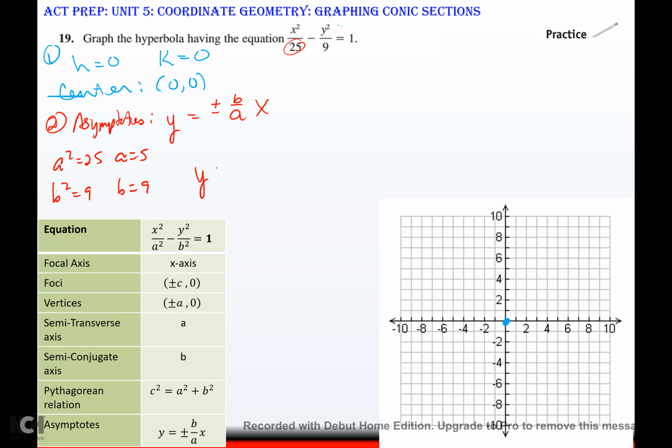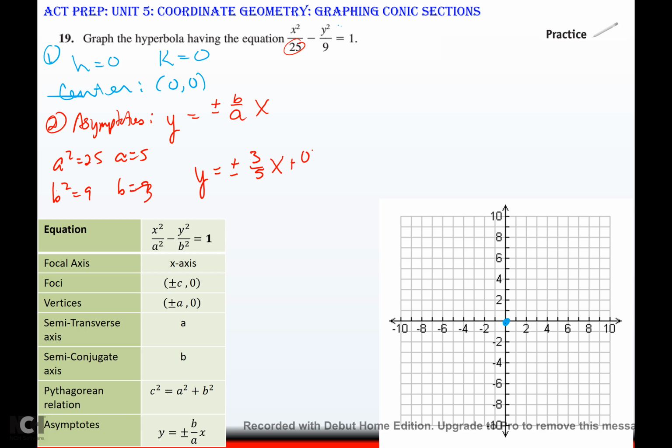So my equations for my asymptotes are going to be y equals plus or minus 3 over 5 x.